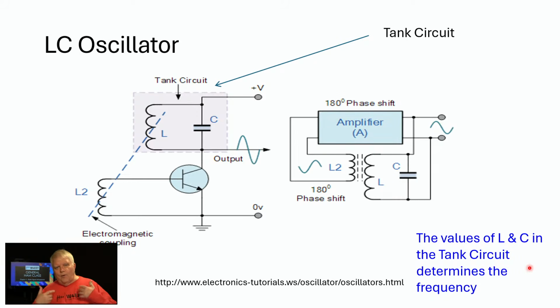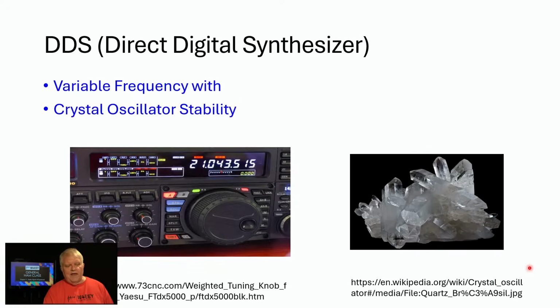And so people were always looking for new ways to generate a reference signal or your transmit carrier signal that was stable but was also adjustable. And because of that, they came up with direct digital synthesis. And its claim to fame is that it has variable frequency with crystal oscillator stability.